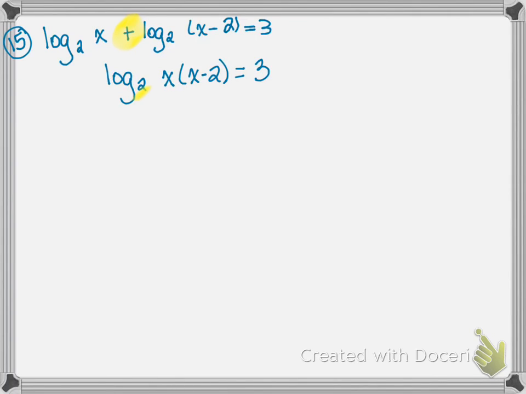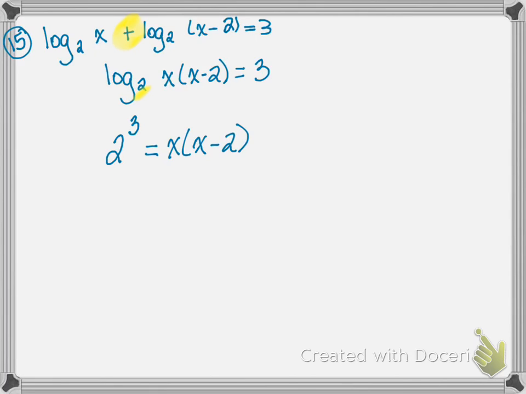So I am going to have 2 raised to the exponent of 3 equals x times x minus 2. Okay, so what I have done is I have taken my base, and I've raised it to the third power, which is my 3, which is my answer to this logarithmic equation.